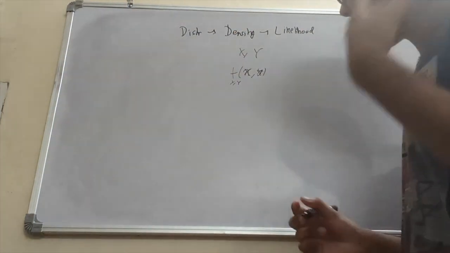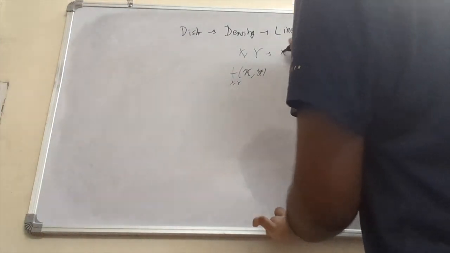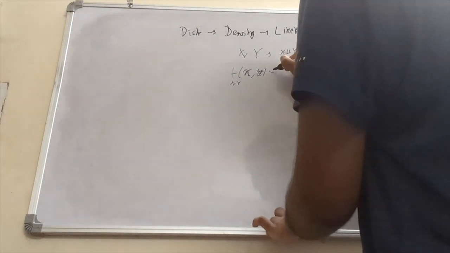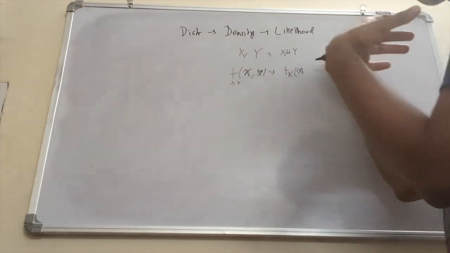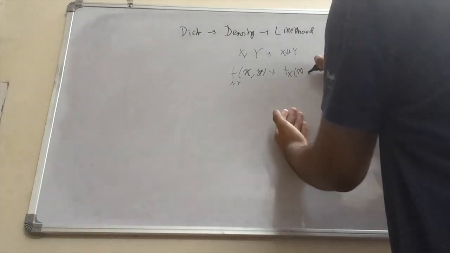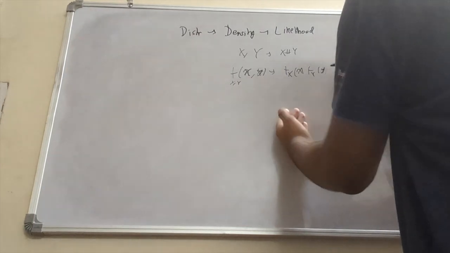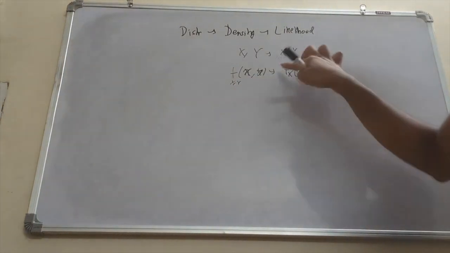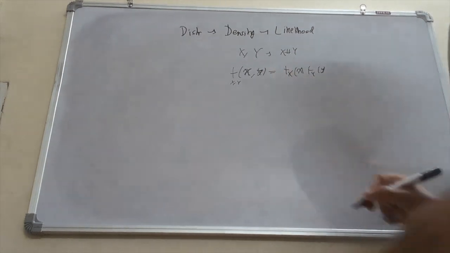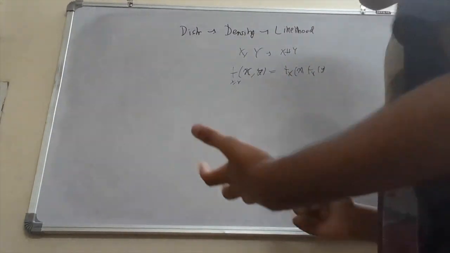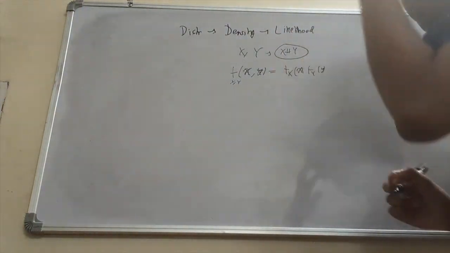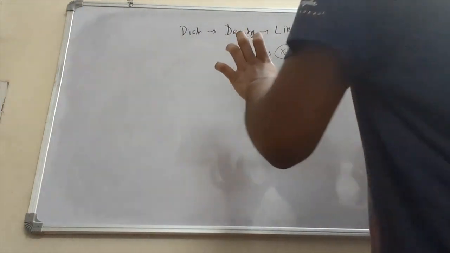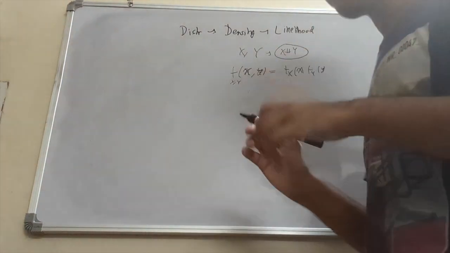Now, if these X and Y are independent, we can say that this is basically the density function of X at x times the density function of Y at y. So that is a neat property, but that would require them to be independent, right? So that is mostly that.